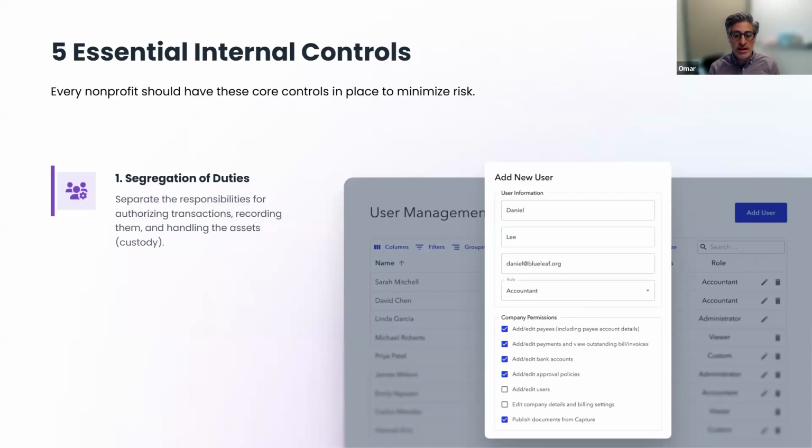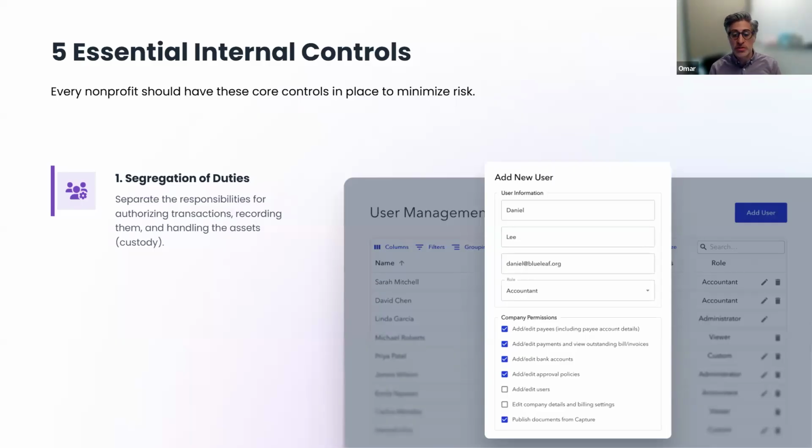Well, ultimately, what happens when you are setting up new users in Pluto is you have the ability at a very granular level, as you can see on the screen here, to manage company permissions, what somebody can and cannot do. Of course, this needs to be tailored based on a person's role, based on a person's understanding of finance and such. So there is a lot of granularity here, but you can, for instance, limit a person's ability to edit bank accounts while they might be able to add or edit users.